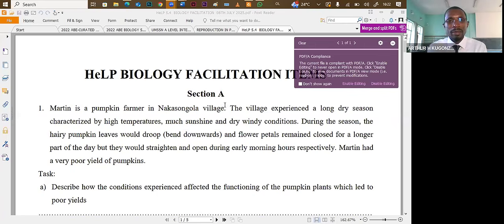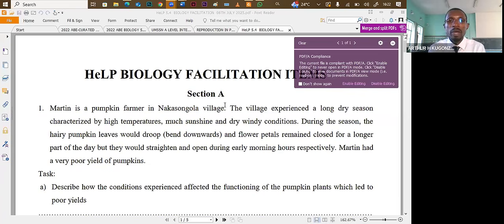It says that Martin is a pumpkin farmer in Nakasongola village. The village experienced a long dry season characterized by high temperatures, much sunshine, and dry windy conditions. During the season, the hairy pumpkin leaves would droop and flower petals remained closed for a longer part of the day, but they would straighten and open during early morning hours, respectively.